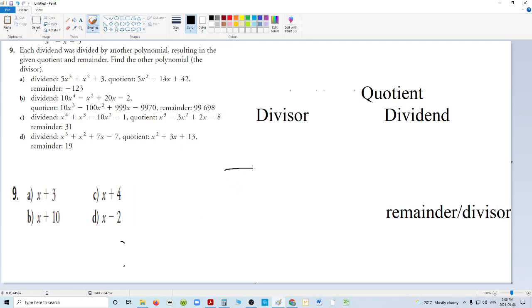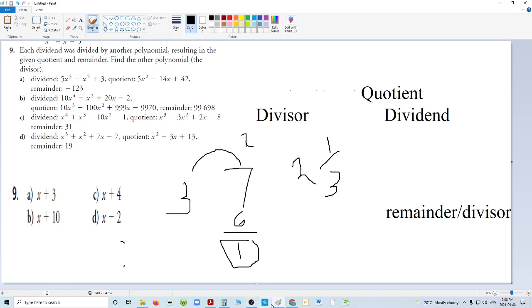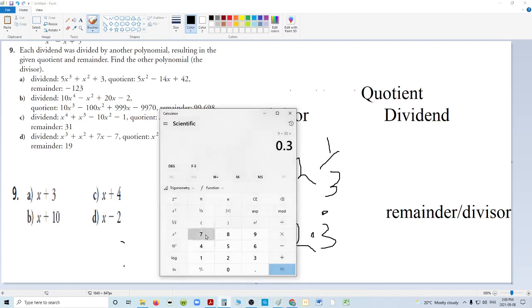For instance, when I have 7 divided by 3, it can go into 7 2 times. I'm left with a 1. If I stop there, I'm left with 2 and 1/3. Let's see if that's true. If I put 7 divided by 3 in a calculator, 2 and 1/3 should be the same as 2.333 repeating. 7 divided by 3 is 2.33333.